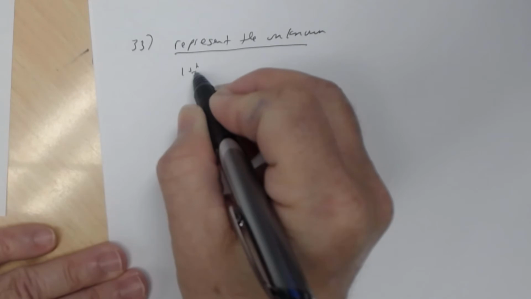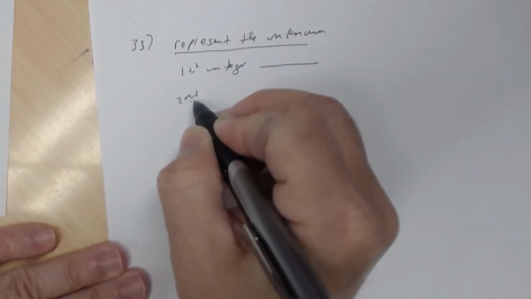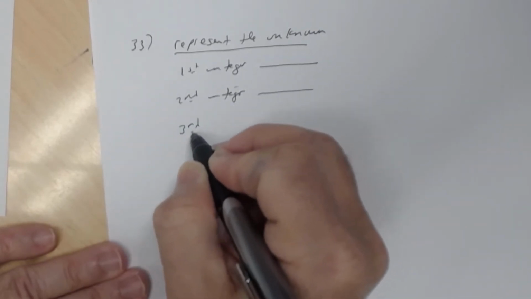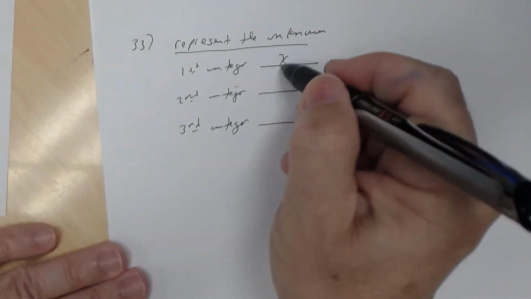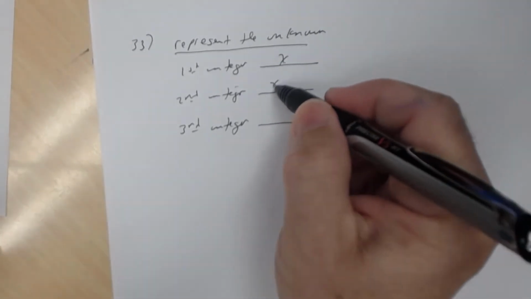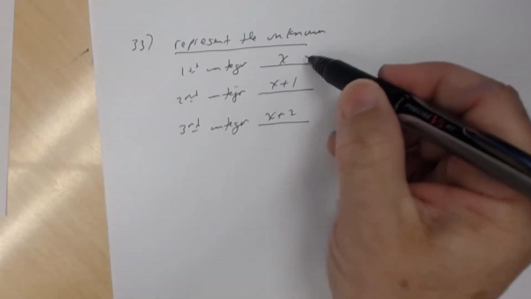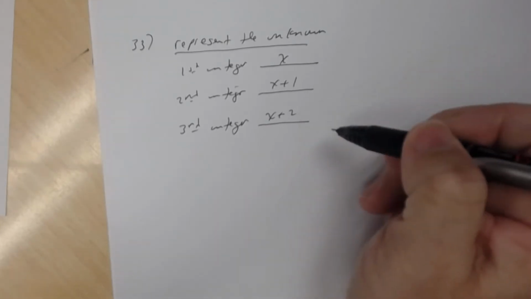So we have first integer, second, and third. Okay, so if the first one's x, then the next one is going to be x plus 1. And the next one after that is going to be x plus 2. So for example, if this is 50, 50 plus 1 is 51, 50 plus 2 is 52.